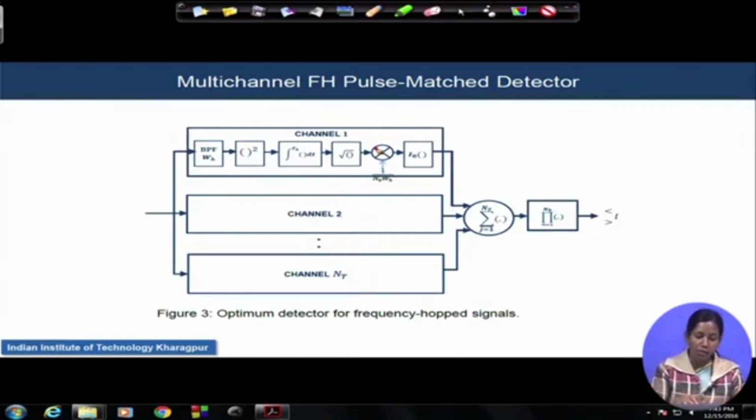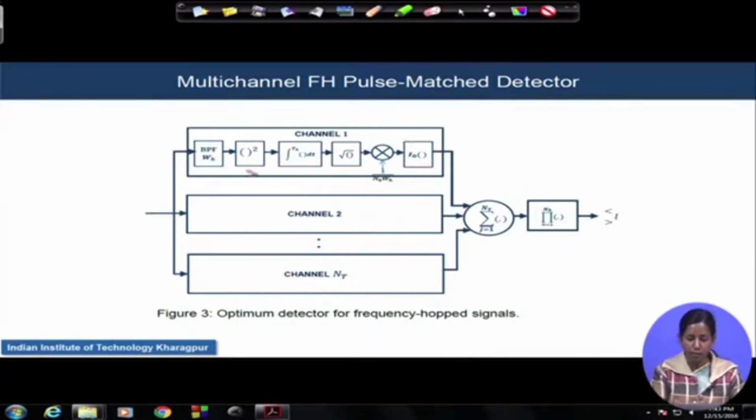Now we are zooming inside each channel. We get a band pass filter which has a bandwidth not of WSS, but the hopping channel bandwidth. Then it enters the square law device, then an integrator where the integration time is synced with the hopping time duration. Then finally you have a decision here, and it is scaled also.